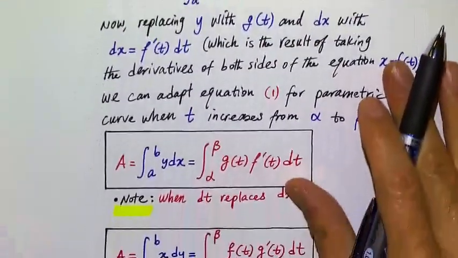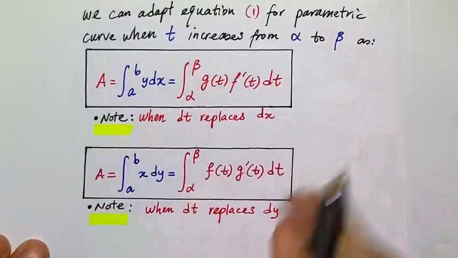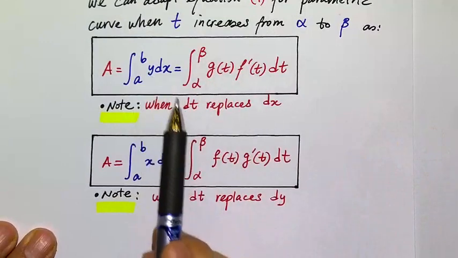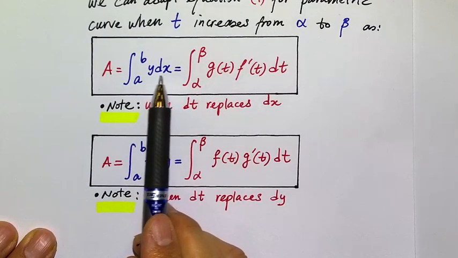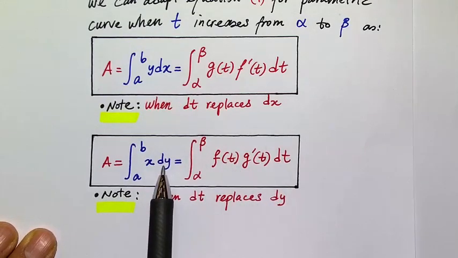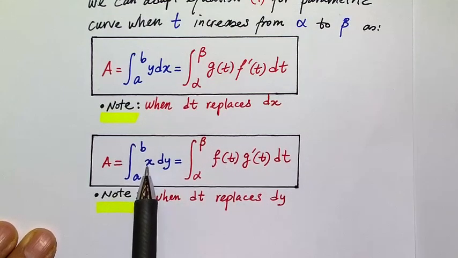So this is replacing that when integration is along the x variable. But notice that here we're integrating with respect to the y variable. So f of t replaces x.